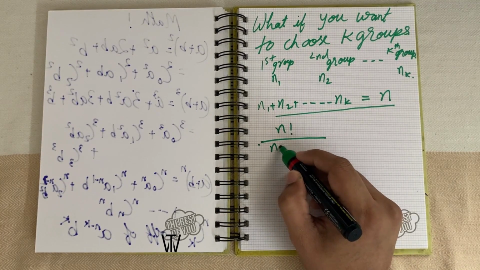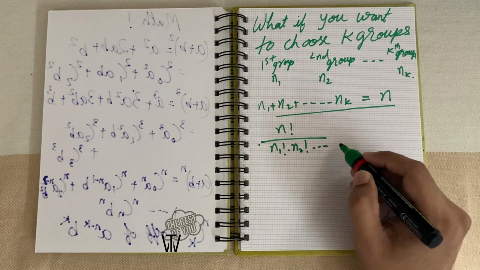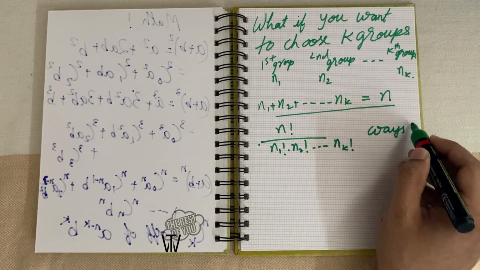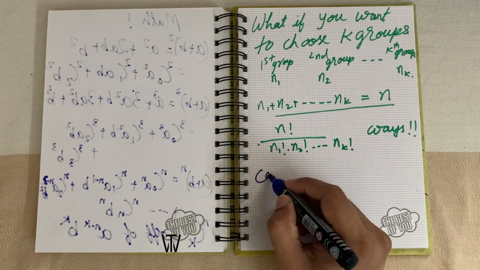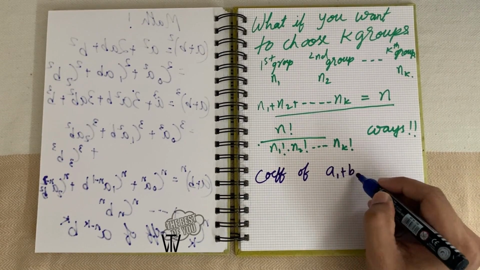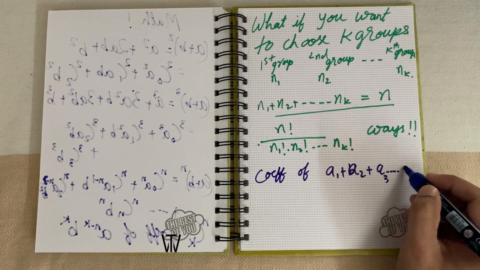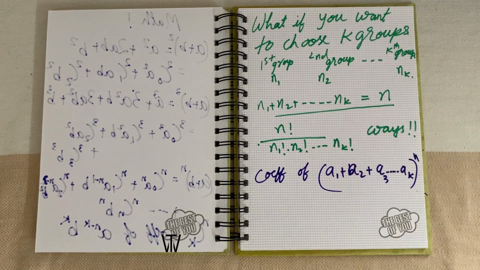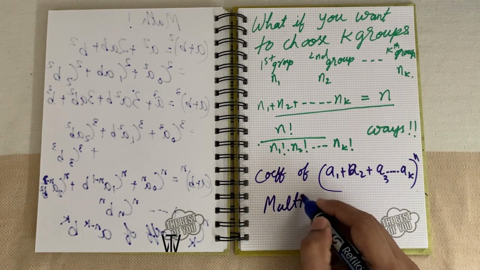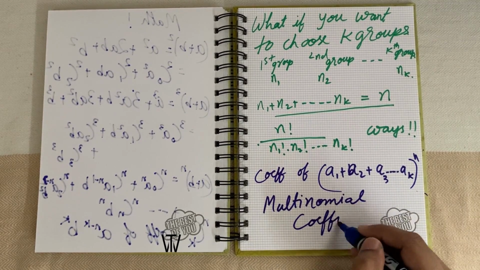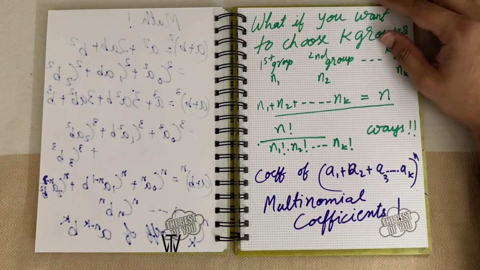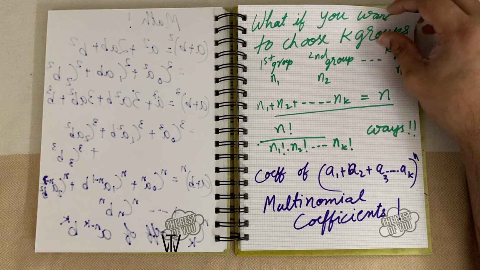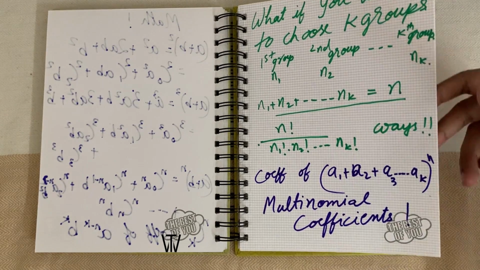This can be done in n factorial divided by n1 factorial times n2 factorial times so on nk factorial ways. A mathematician will tell you that this is the formula for the multinomial coefficient. That is, if you consider the expansion of (a1 plus a2 plus a3 plus so on ak) to the power n, the coefficients of the terms can be found using this formula.